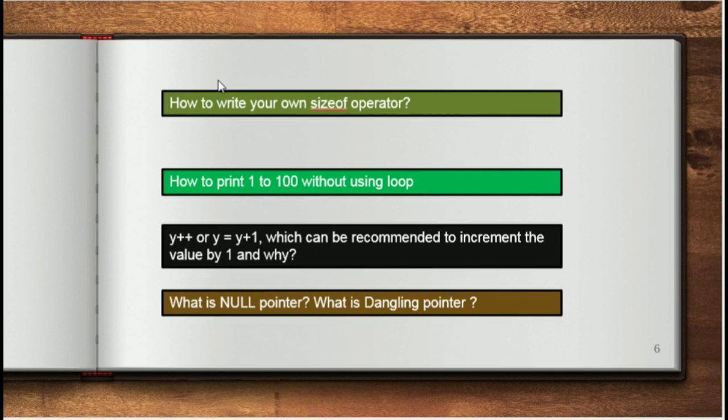Here are some other questions I'll be expecting from you in the next interview: what is the sizeof operator, and how to print 1 to 100 without using a loop. And the third question: y plus plus or y equals y plus 1 is going to increment the value by 1.